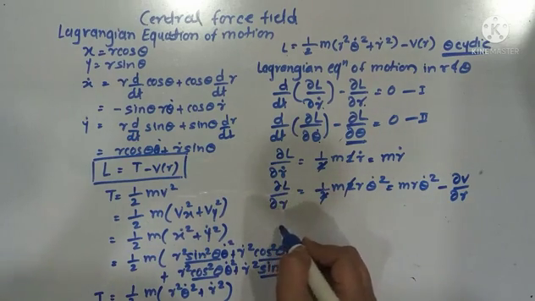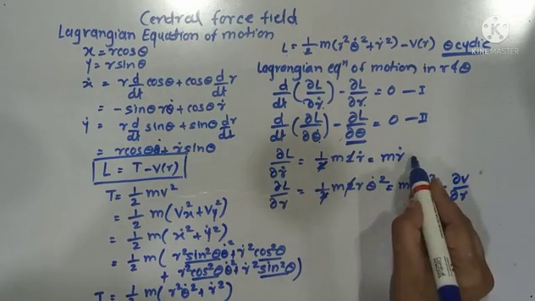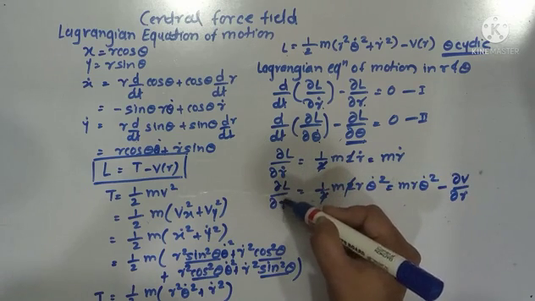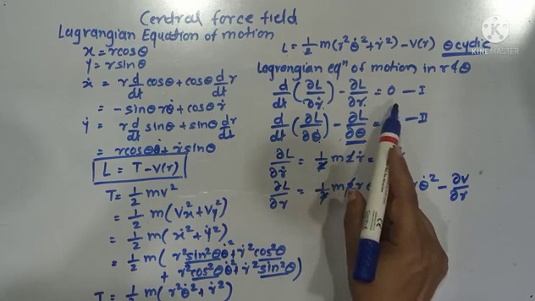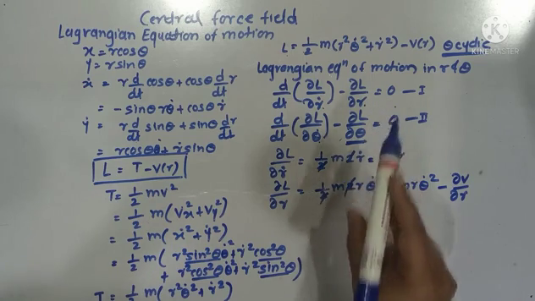Okay, so just put the values of dou L upon dou r dot and dou L upon dou r in equation first. That will give you the first Lagrangian equation of motion for the central force field in terms of r.